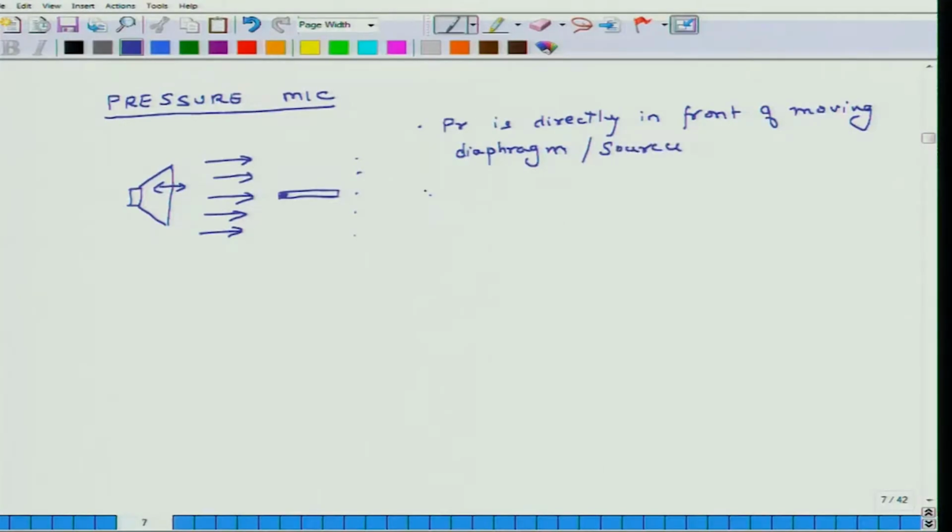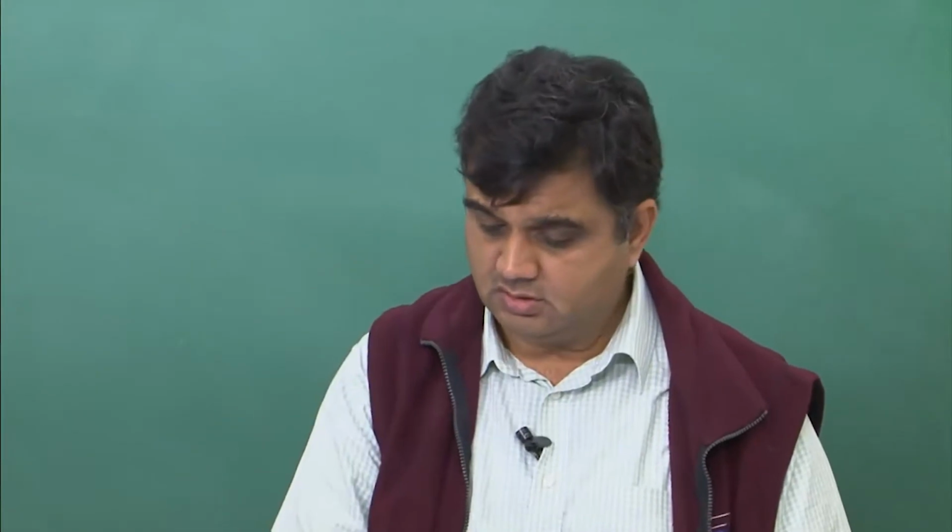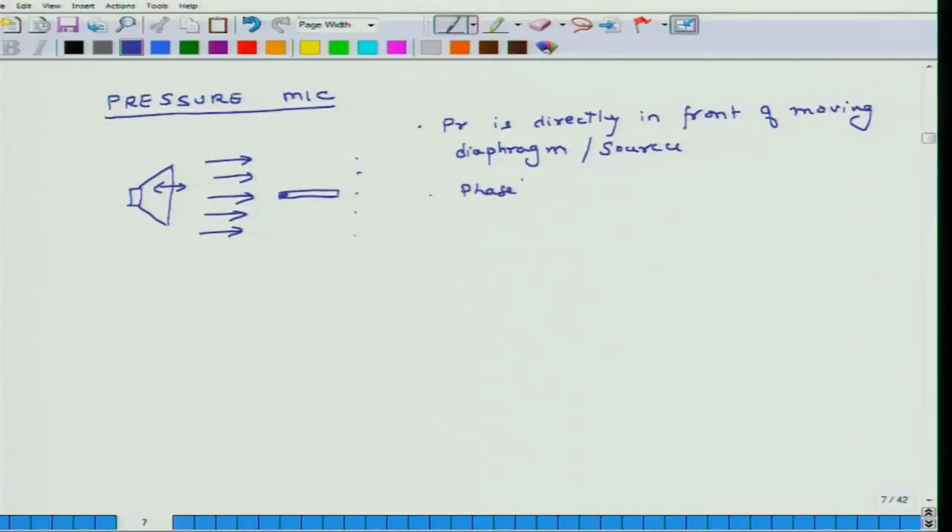Second, when you are near the source and if you move along the length of the source, phase does not change. And also if I move between these points 1, 2, 3, 4, 5, phase does not change and magnitude also does not change.